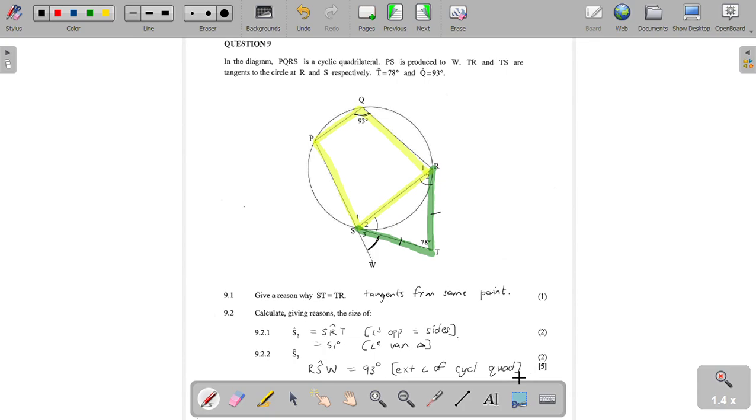Of a cyclic quad. So this one will be the same in size as that one. And since we already know that S1 is equal to 51, dan kan jy mos net sê daai ene minus 51. So dit wil sê S3. Daai het nie 'n rede nie. Dit is net so wat dit is.